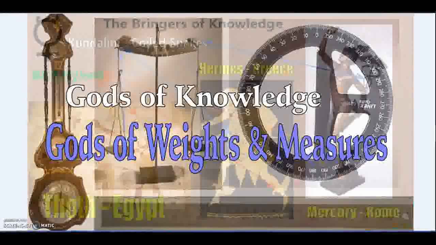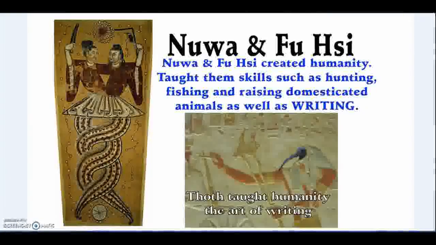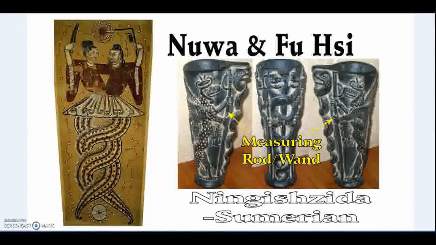Same themes, and it goes beyond just the gods of weights and measure, especially this bird hybrid theme. Coincidence and chance can only go so far to explain how this connects so many cultures, again, across time, apparently, allegedly independent cultures, but same thing: Thoth, Nuwa, Fuzi, Ningishzida in Sumeria.